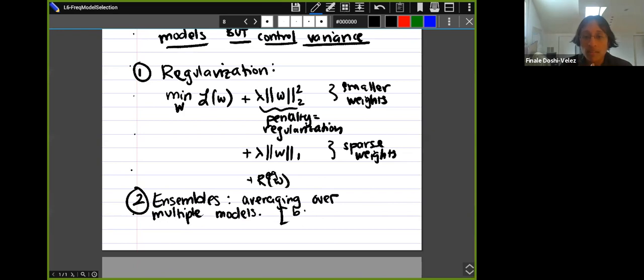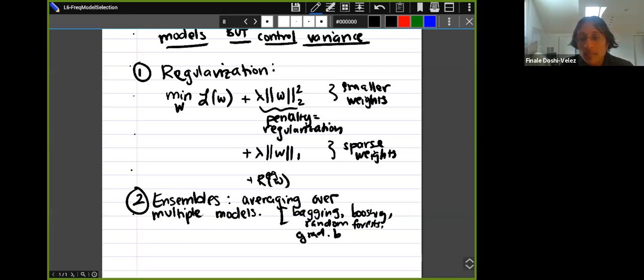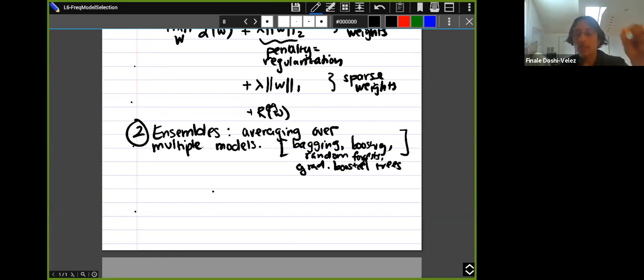There's bagging, boosting, random forests, gradient boosted trees. There are a lot of different techniques out there. And a core idea here is that if you average over multiple models, let's say you do bootstraps of your data, so you take subsets of your data, you fit models to each subset, and then you average over those, then you're getting rid of the variance while keeping the bias low, right?